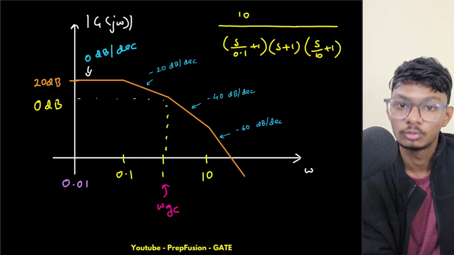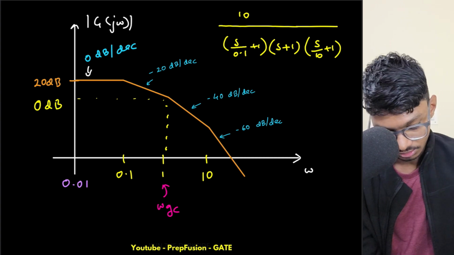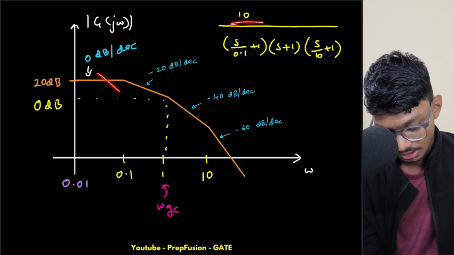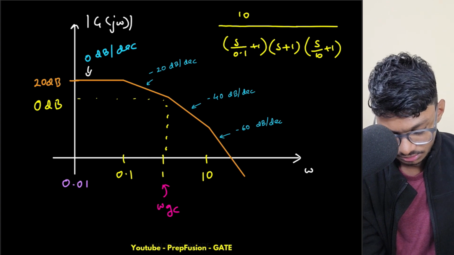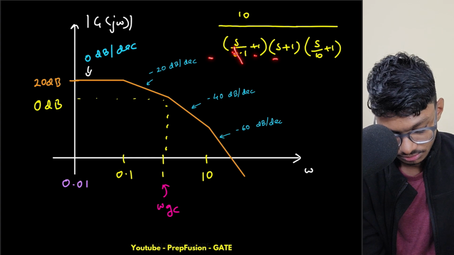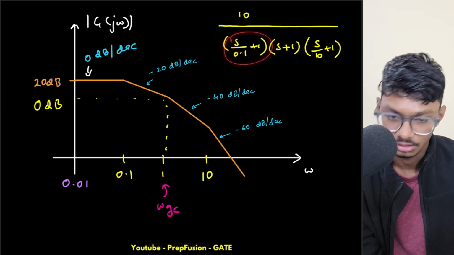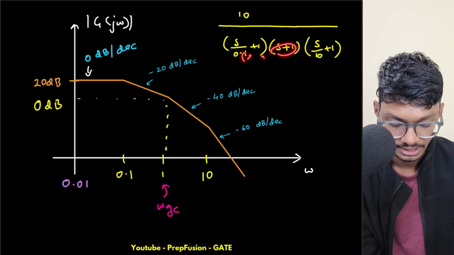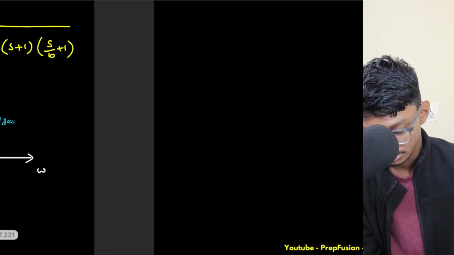You will get 10 by root 2... just hold on a second... sorry, not 10 by root 2, 1 by root 2, because this magnitude becomes 10, and this magnitude becomes 2. So 10 times 2 under root, 10 by under root 20. Okay, so let's do this anyways.